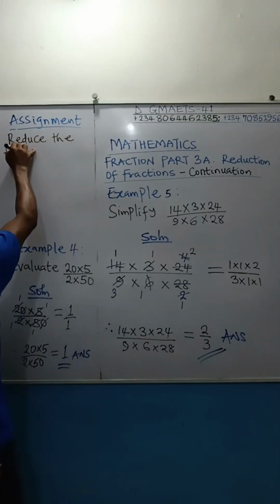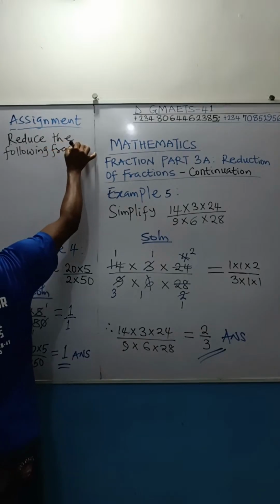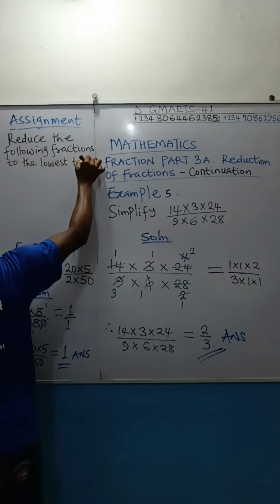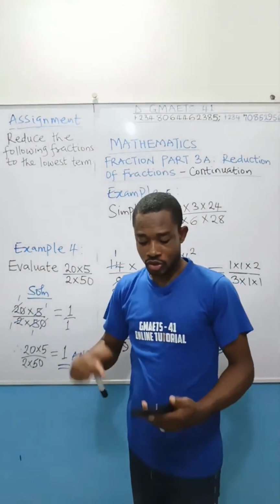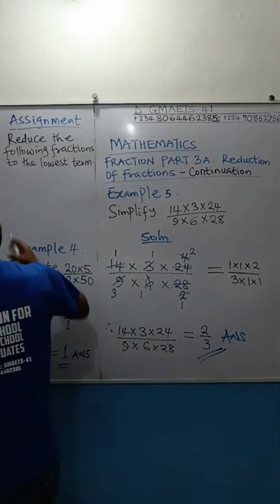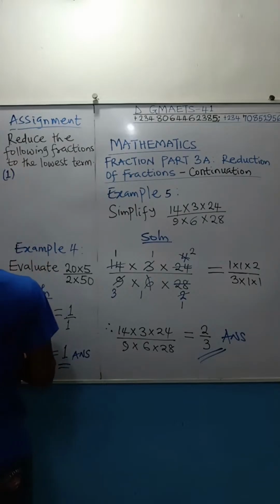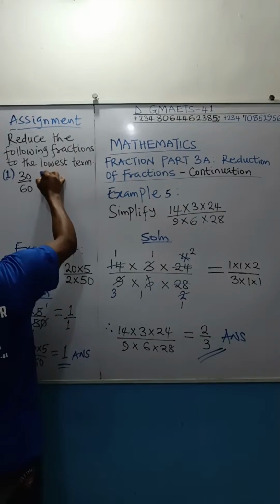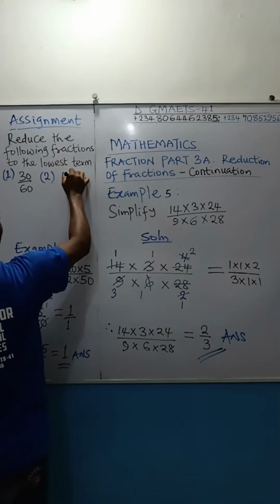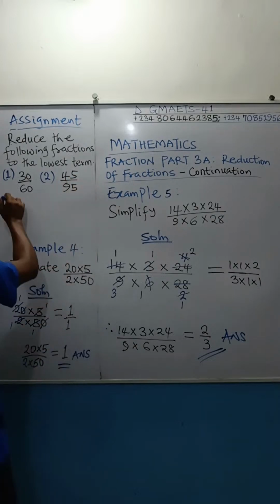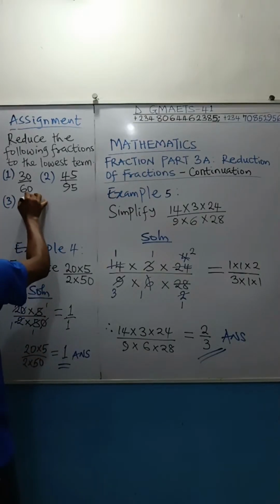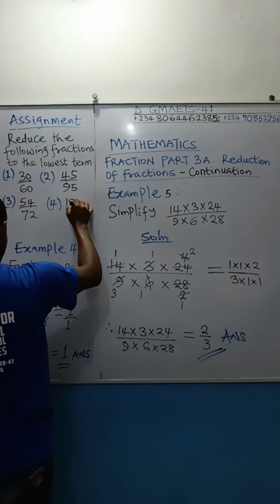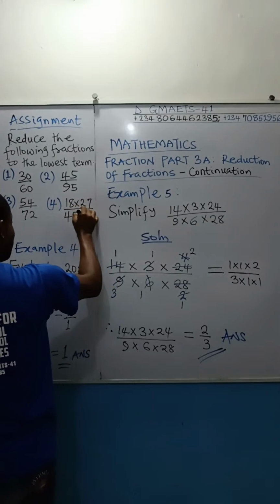So we have: 1, 30 over 60. 2, 45 over 95. 3, 54 over 72. 4, 18 times 27 all over 45 times 36.